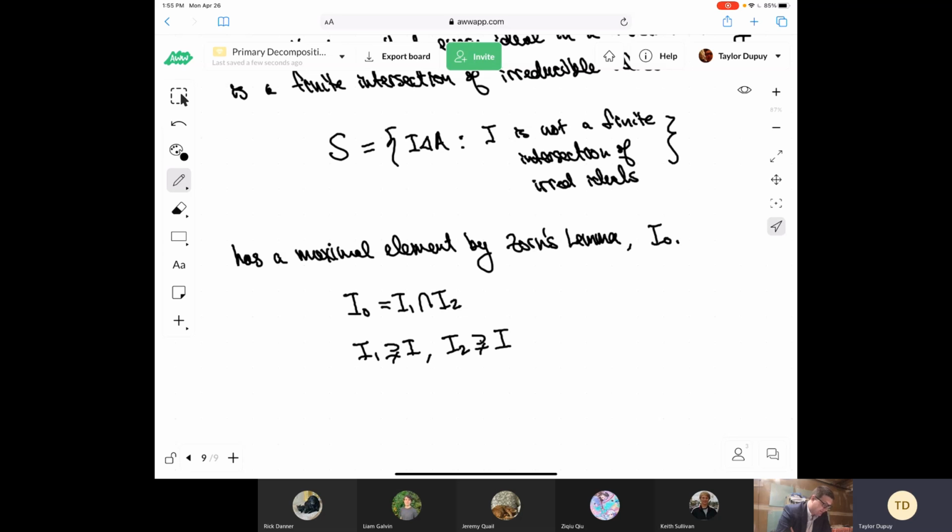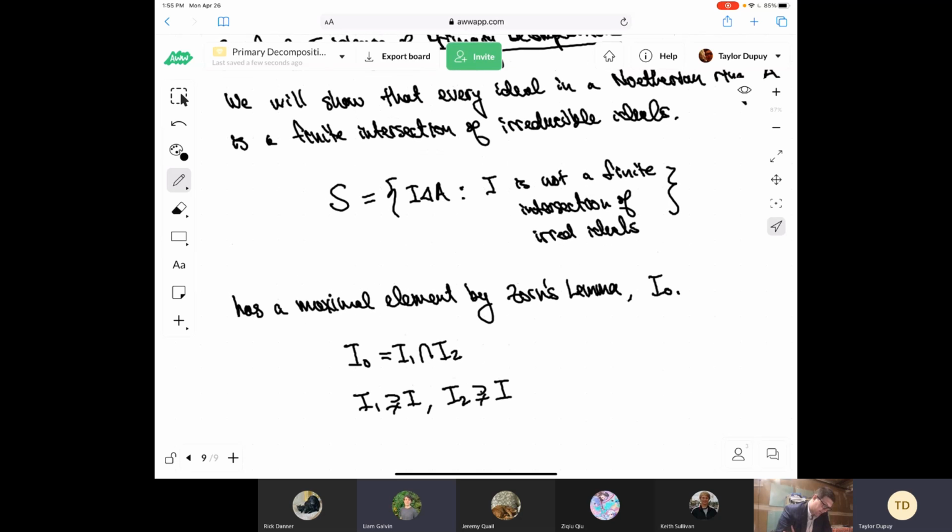So this is maximal, so we find something smaller in here, right? Wait, what is I? I is an ideal. Any ideal? So I1 does not contain, oh, I0. Yeah, good call. This is I0.